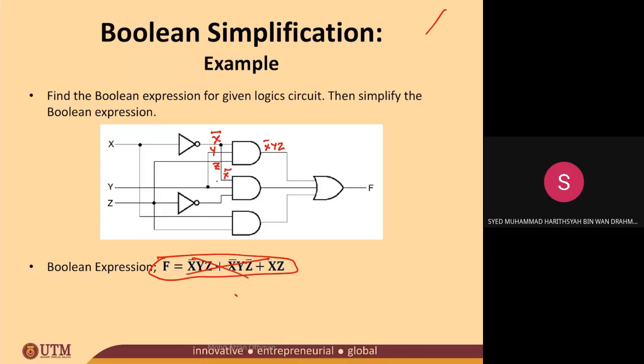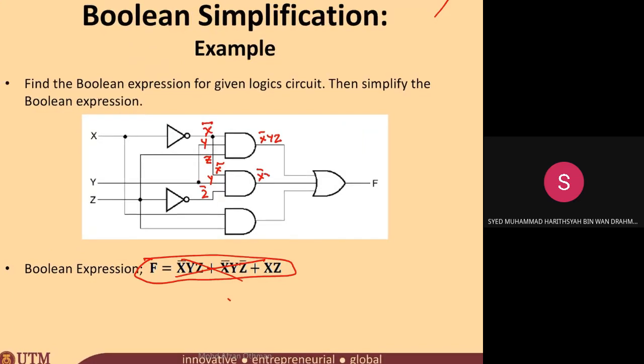Here we have the Y, and here we have the Z bar. So you will have X bar, Y, and Z bar. Here we use the 3 input AND gates.